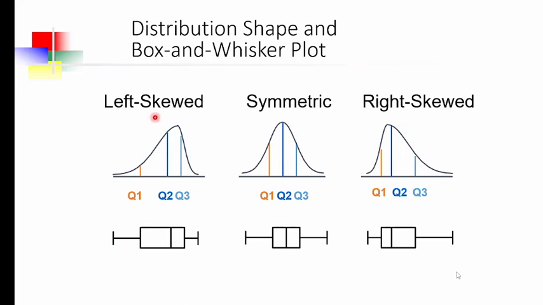So it is left skewed. For symmetrical, the left hand side horizontal line is the same as the right hand side horizontal line. So it is a bell shaped curve, or symmetrical.